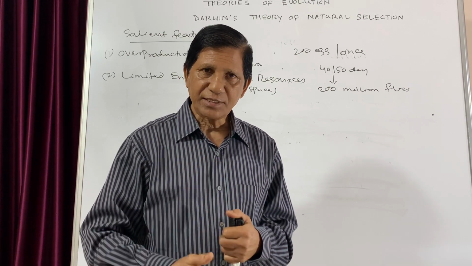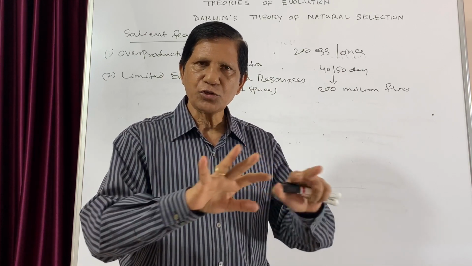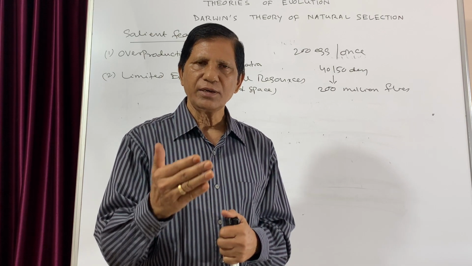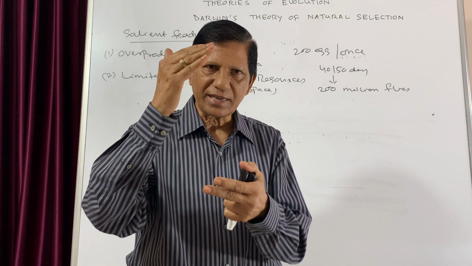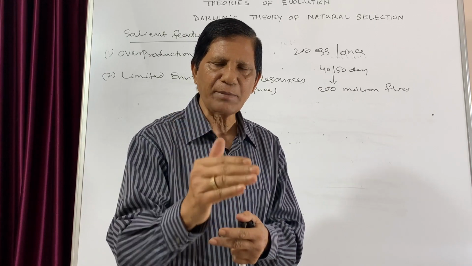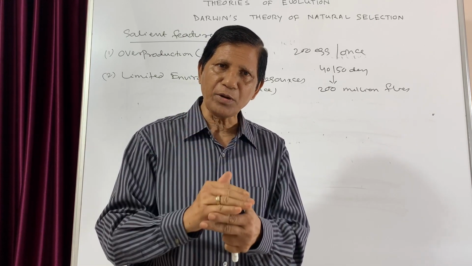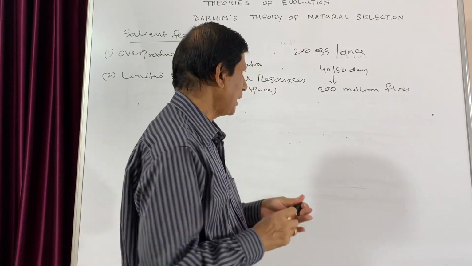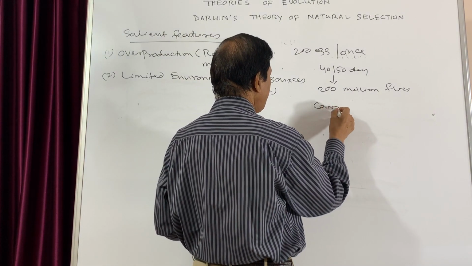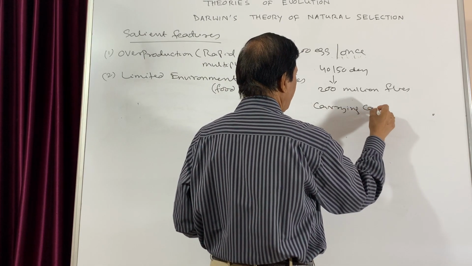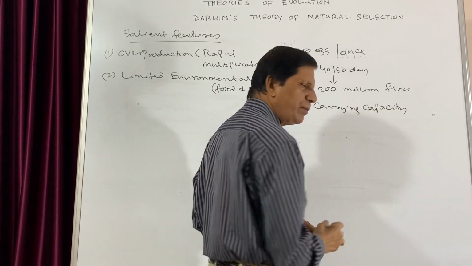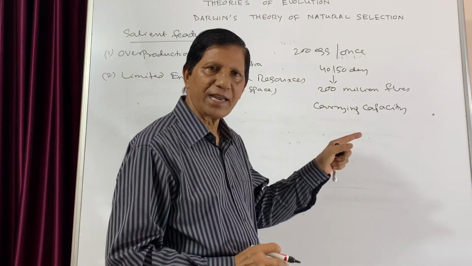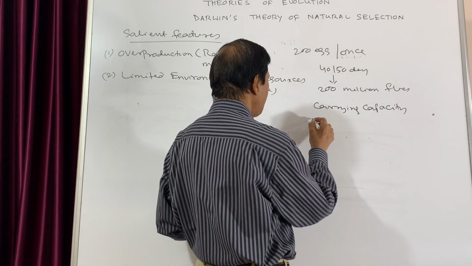But as the population is increasing, these resources are not increasing. So naturally, the environment has a carrying capacity. That means a particular environment can sustain a particular number at a particular time. The carrying capacity of the environment is fixed, so around this carrying capacity it will maintain equilibrium.